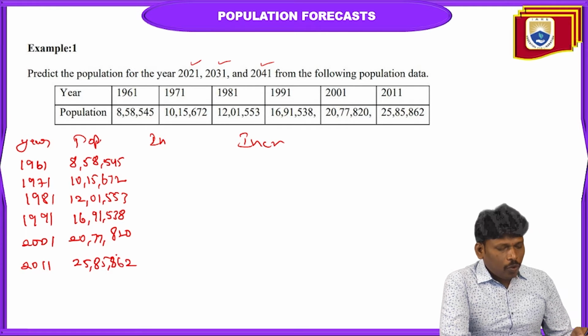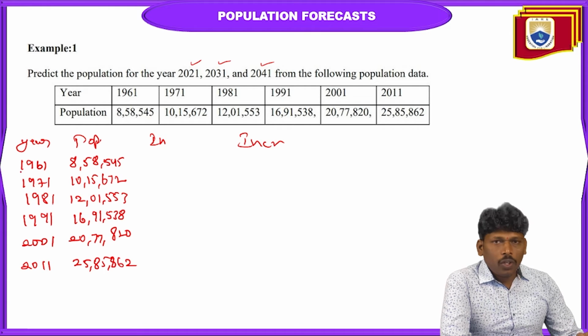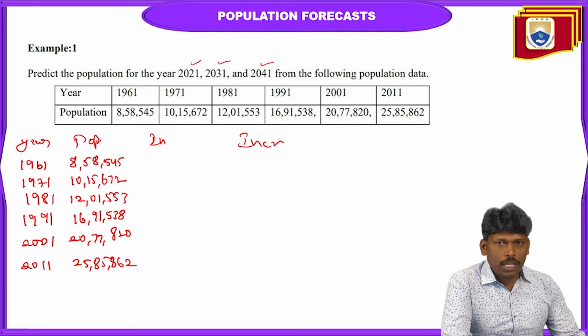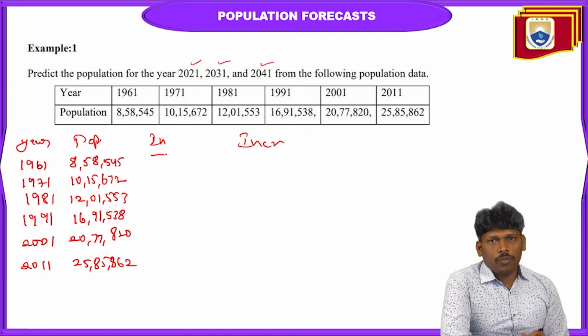85,862. Now for the difference between these two, we don't have any previous value for 1961. If we had 1951, then that would be the first one. But here we don't have any value before 1961, so there is no incremental value.